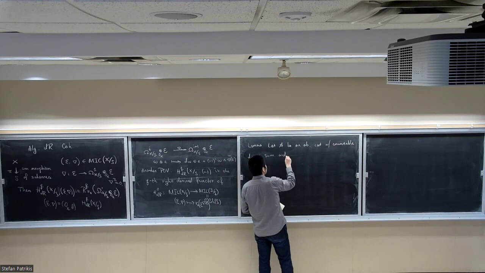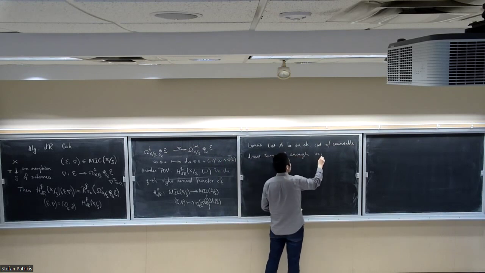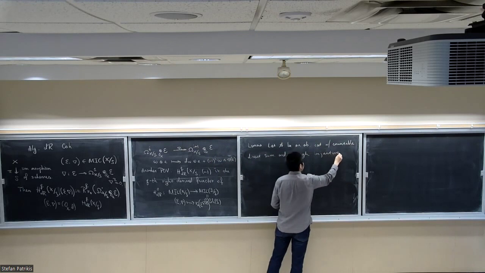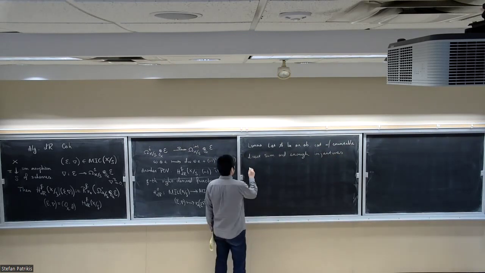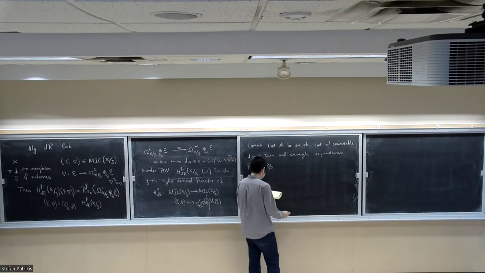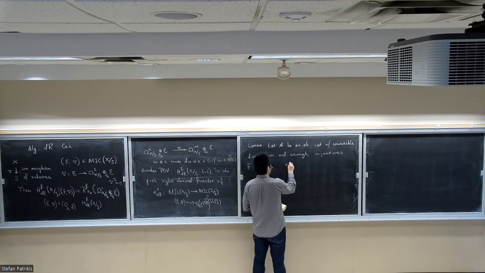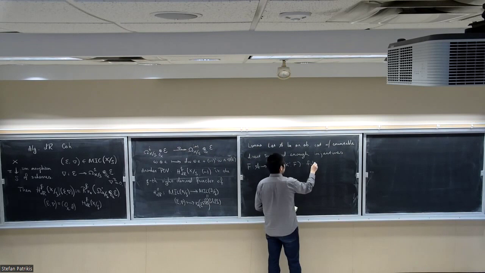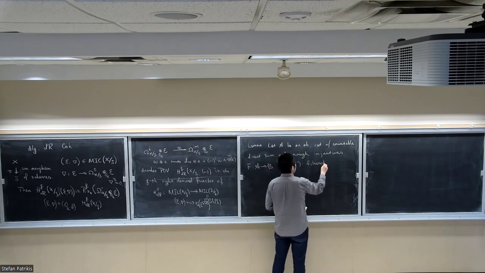And enough injectives. Well, this is a standard assumption to do homological algebra. Then suppose now you have a functor between two abelian categories, and K is a filtered complex.